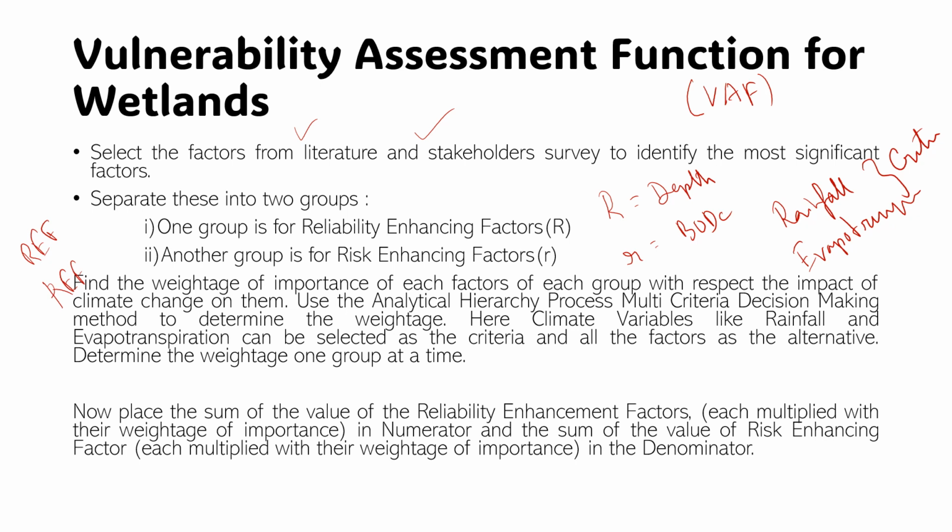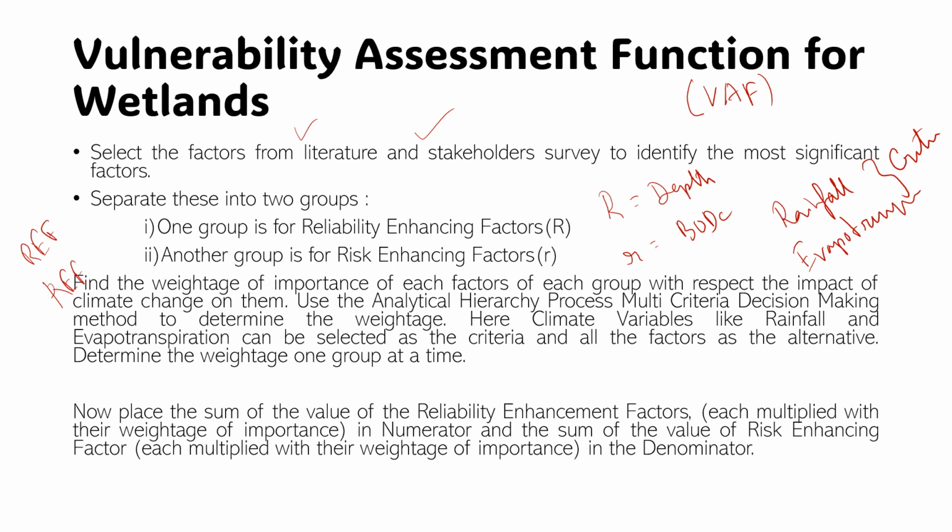Don't do it by mixing all the factors from the two groups. One group at a time. Once you have done that, place the reliability enhancing factors in the numerator and the risk enhancing factors in the denominator, after multiplying them with their weightage and summing all of them into one value.